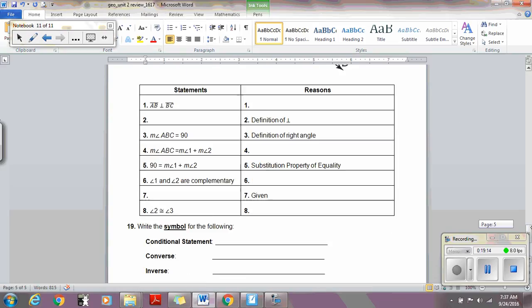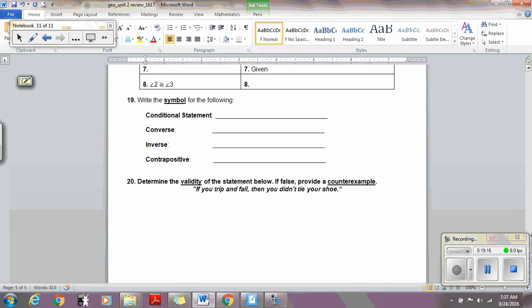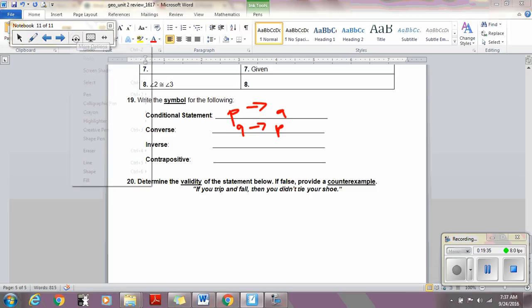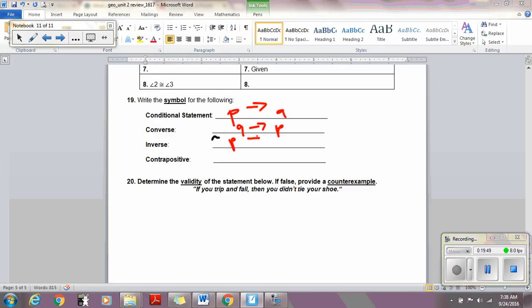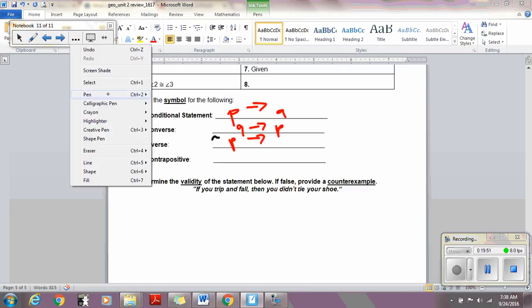Number 19 would like for us to write the symbol for each one of these statements. So it's good practice that you know the symbols for these. Conditional statement is if P, then Q. For converse, it's if Q, then P. For inverse, it's if not P, then not Q, or think of it as opposite.